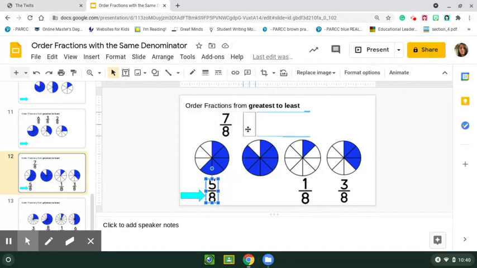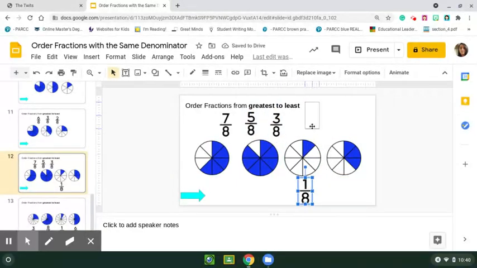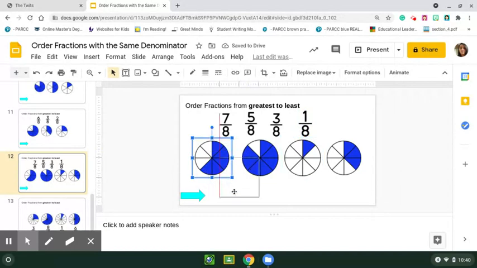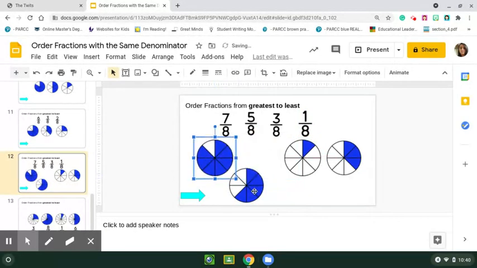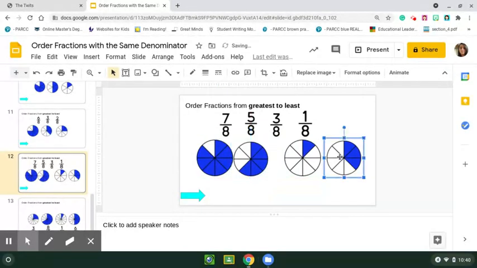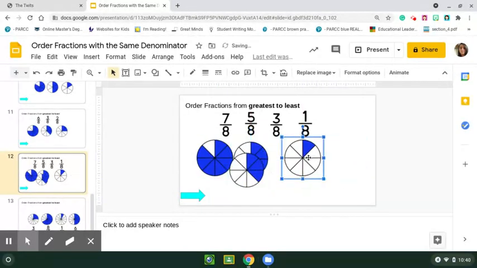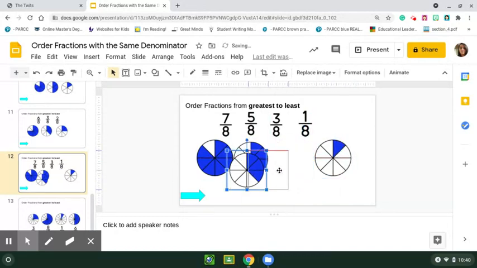Then 3 is bigger than 1, so 3/8 would go next. And then 1/8 would go last. There's my 1/8. Let's move these, they're a little bit bigger. There's my 7/8 and my 5/8 and my 3/8. Right.